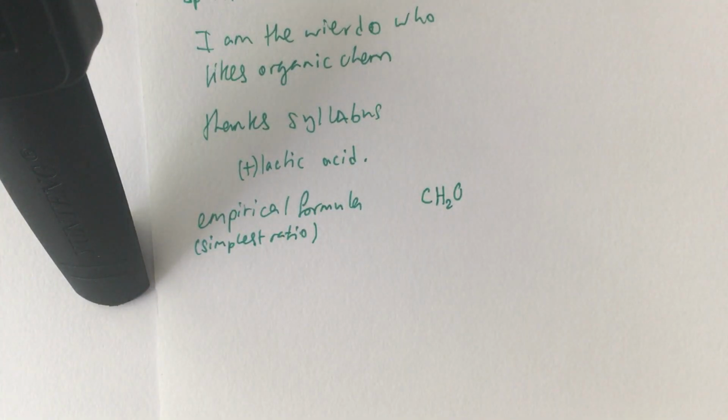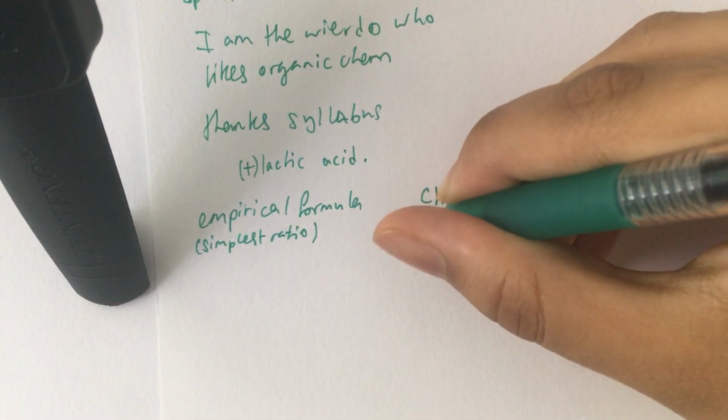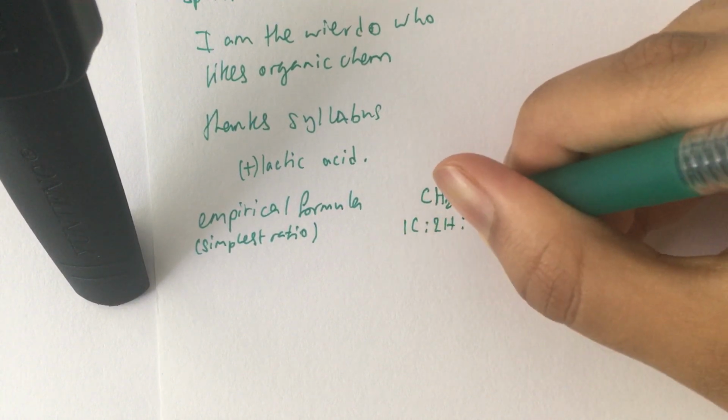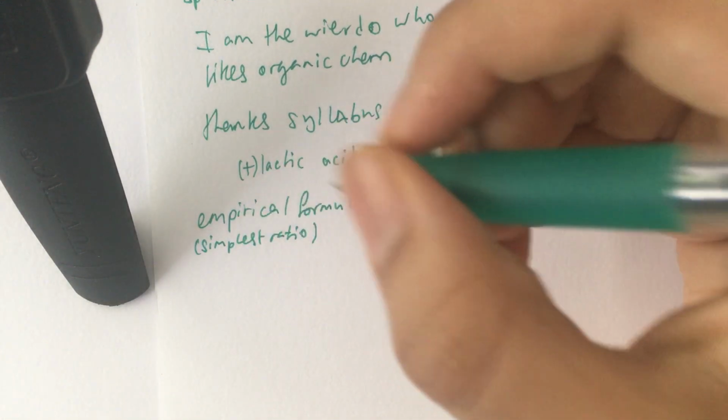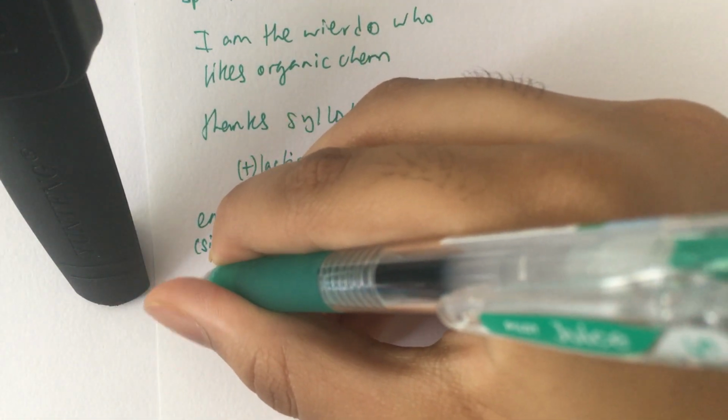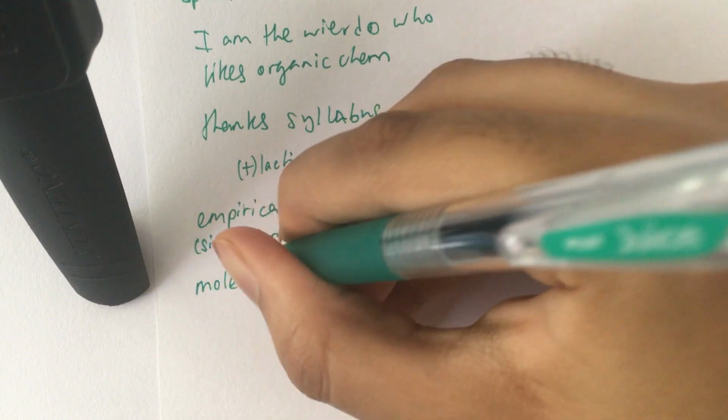So for lactic acid, it is CH2O. So there's twice the number of hydrogen atoms in lactic acid as compared to C and O. That's pretty much what you can get from here. But we do not know how many atoms specifically there are in lactic acid, and for that we need the molecular formula.